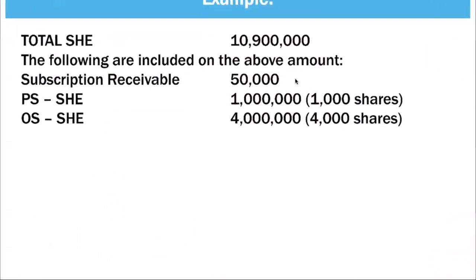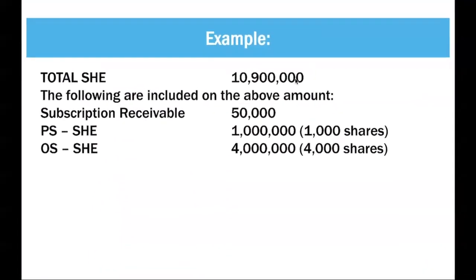Let's have an example and take a look into the computation of your shares book value in case we have cumulative, participating, and whatnot. Okay. So first you have your cumulative, non-participating. We also have your non-cumulative, non-participating.